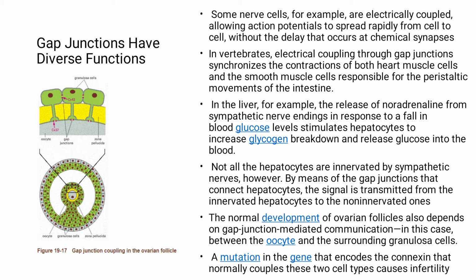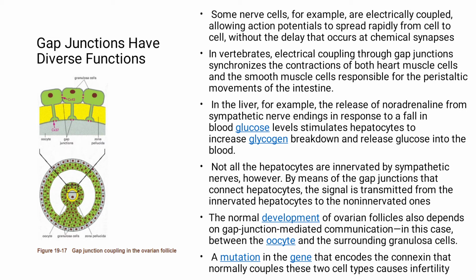In addition, the granulosa cells extend processes through the zona pellucida and make gap junctions with the oocyte. These gap junctions contain a different connexin, CX37. Mutations in the gene encoding CX37 cause infertility by disrupting the development of both the granulosa cells and the oocyte.